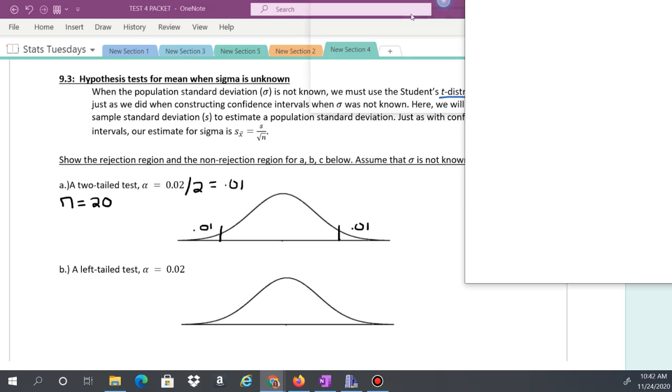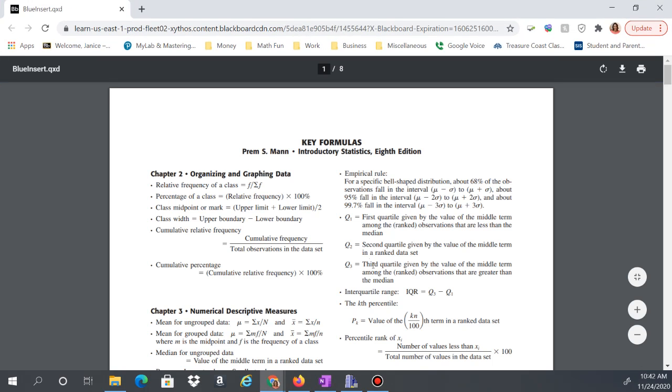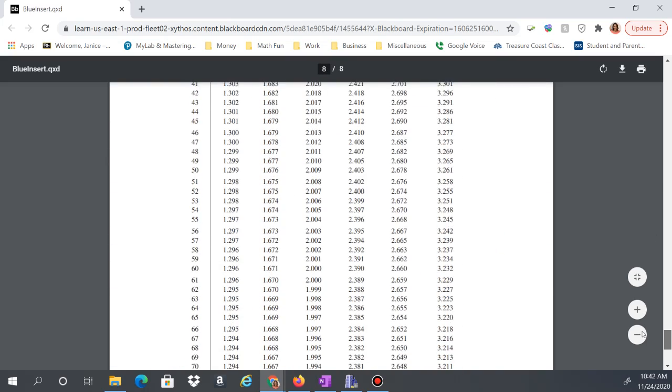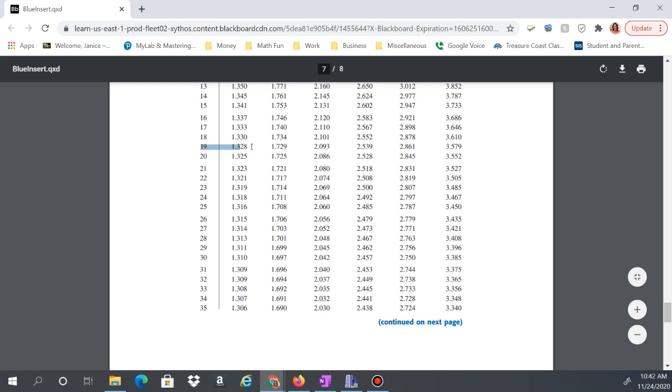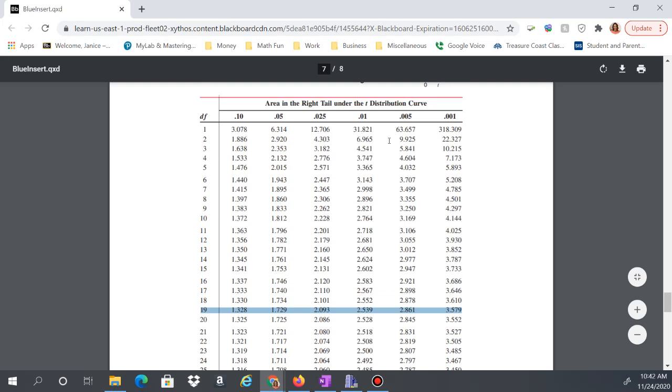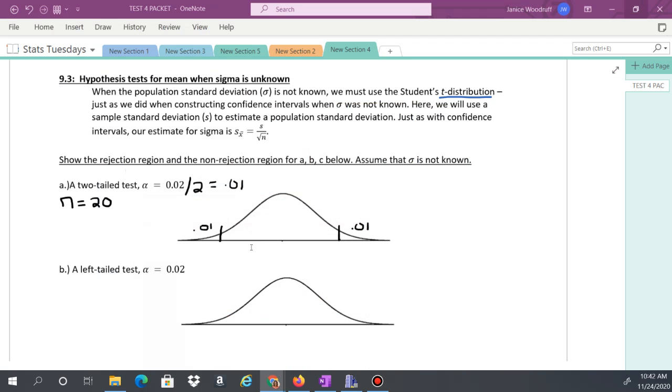There it is. Okay, so all the way in the back, we have our t distribution. So we have a degrees of freedom of 19, which is 20 minus 1. So this row right here, and the alpha area in the right tail would be 0.01. So we're going to do a 2.539 as our t value. Okay, since it's on either side of our mean, you're going to have a negative 2.539 and a positive 2.539.